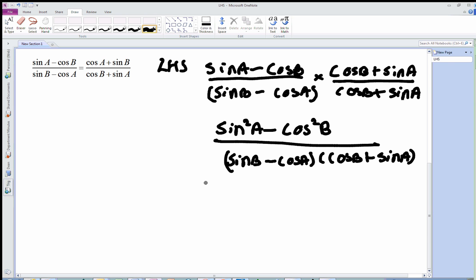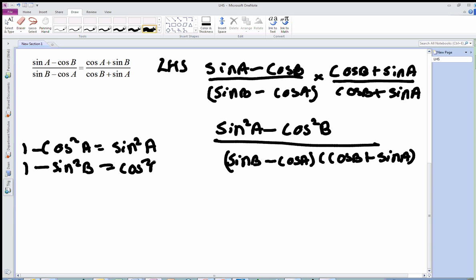The simplest way to fix that is to use the fact that 1 minus cos squared A is sine squared A, and 1 minus sine squared B is cos squared B. If I use those two facts, I get on the top line 1 minus cos squared A minus bracket 1 minus sine squared B.